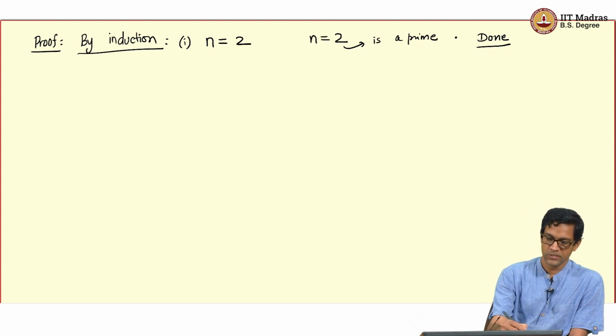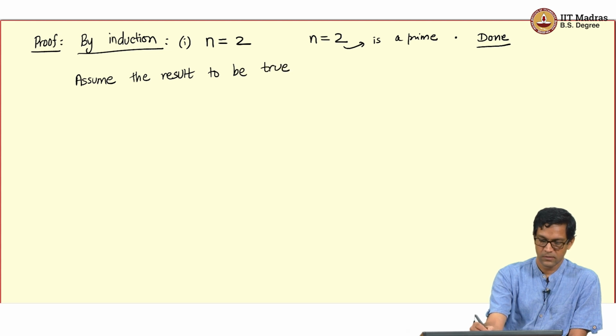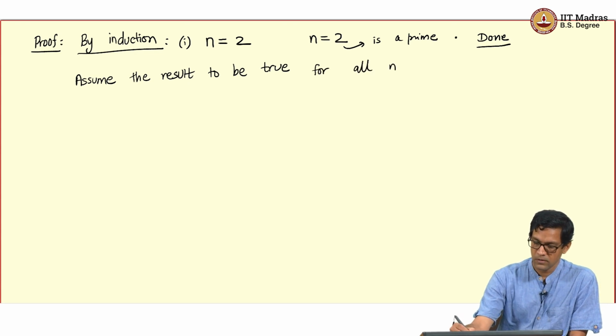Now let us assume the induction hypothesis. Assume the result to be true, that is that n has a prime factorization for all natural numbers which are smaller than n.